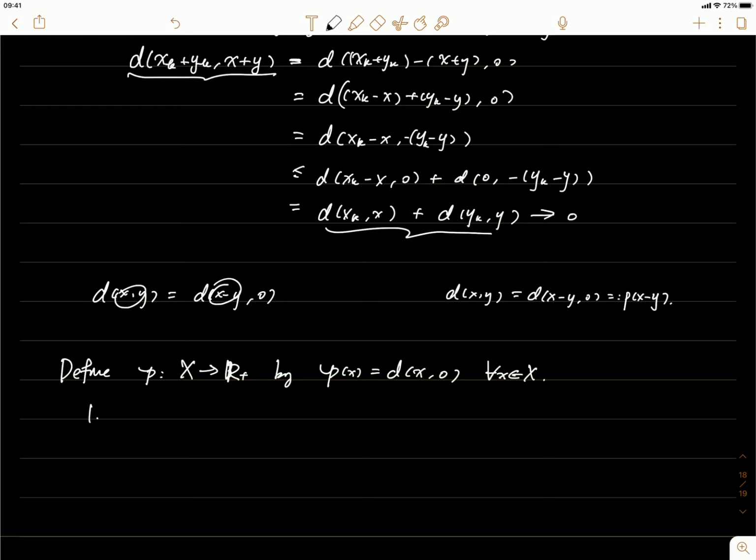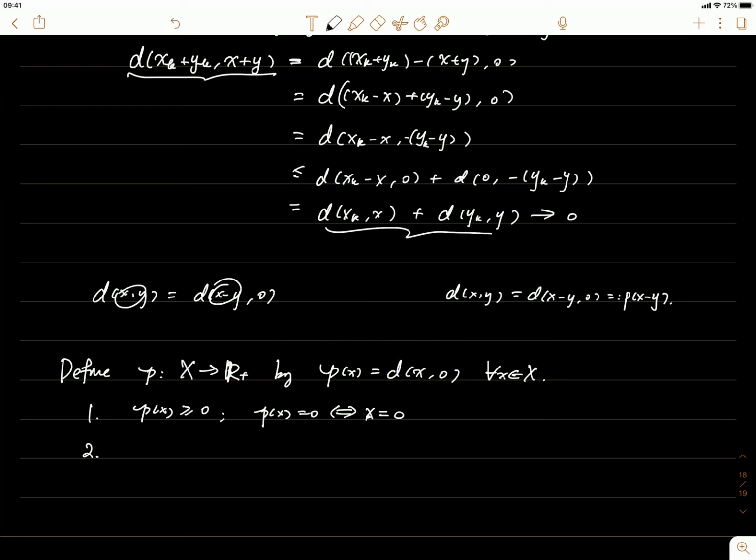Okay, so you can see some very straightforward and obvious properties of this p. The first one is that it is positive definite, because as you can see, this is always greater than or equal to 0. And also p of x equals 0 if and only if x equals 0, because it being equal to 0 means that d of x, 0 is 0, and that means x is just equal to 0.